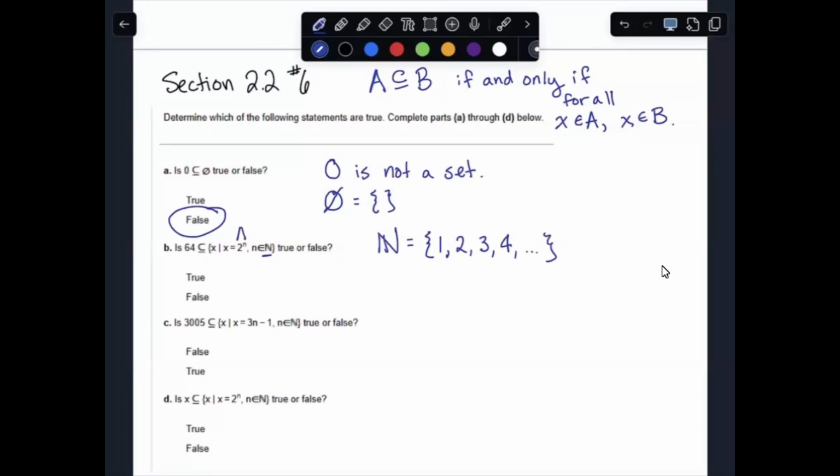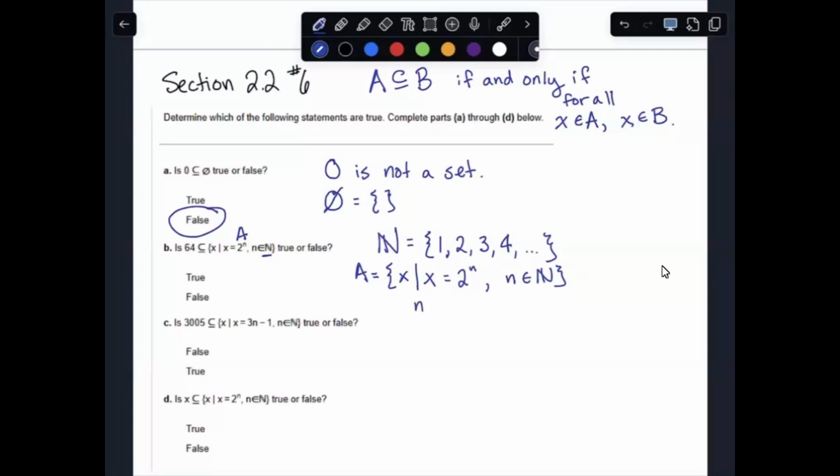Let's call this set A for now. So set A is the set of all X, where X is equal to 2 to the N, N in the natural numbers. We can figure out a list of the numbers in A by starting with our natural number 1.